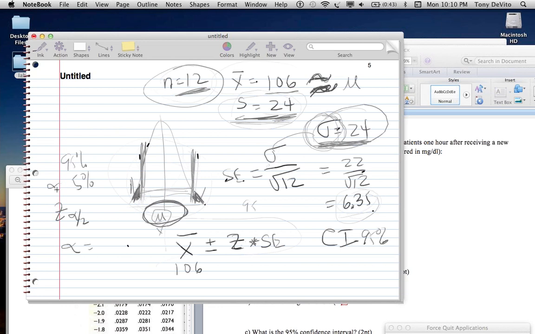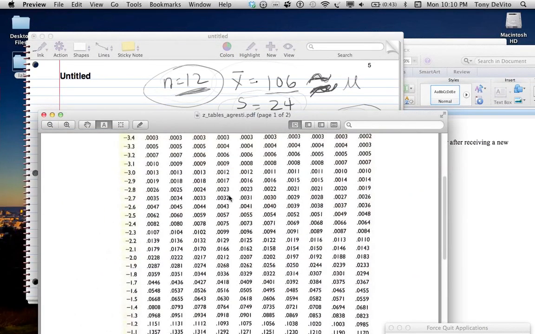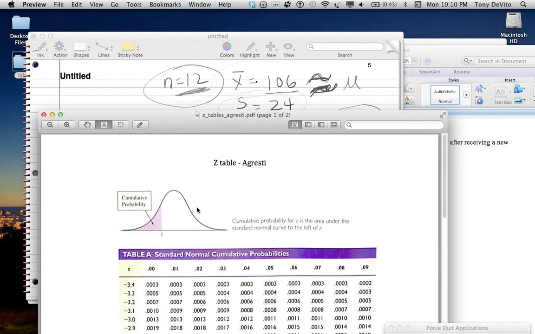So if I have an alpha of 5%, that's 95% confidence that I'll capture the mean. Very frequently that's described as z representing alpha over 2. Well, alpha over 2 is 2.5%. Remember our chart, look what our z table looked like? It showed the value to the left of the z-value.